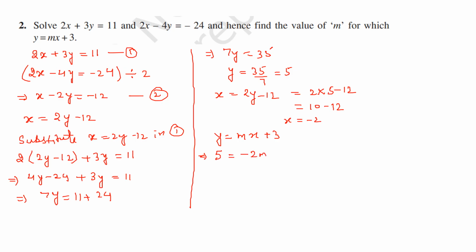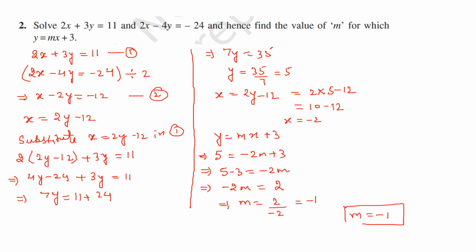So it will be 5 equal to minus 2m plus 3. So 5 minus 3 equal to minus 2m. If I swap LHS and RHS, minus 2m equal to 2. So from here I will get the value of m as 2 divided by minus 2, which will give me minus 1. So the value of m is minus 1.